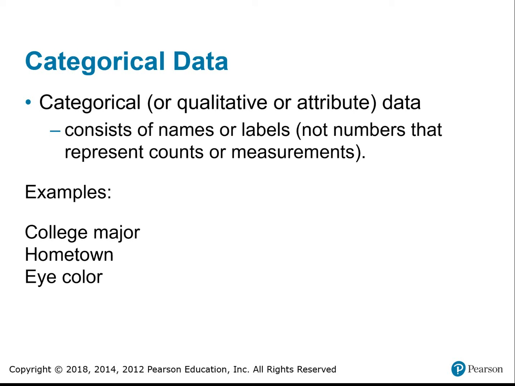So even though there are numbers, because it's not counting or measuring, it would still be considered categorical data, not quantitative data. Another example would be something like a phone number. When you were assigned your phone number, it wasn't counting how many phone numbers came before you. It was just a semi-arbitrarily assigned number to you.